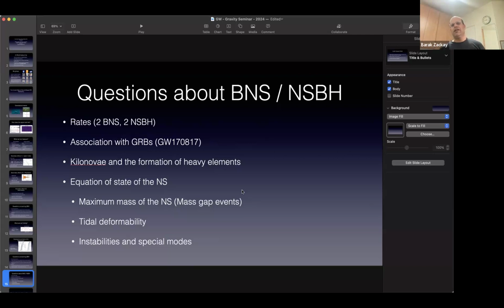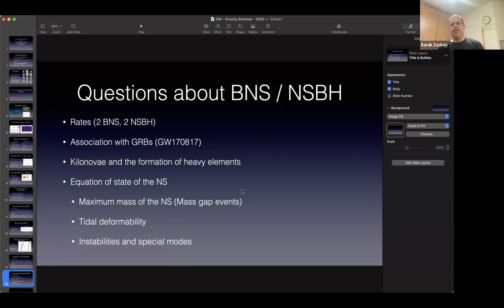I mean, there was a long-standing expectation from both Tzvi Piran and his friends, and maybe even other groups, that there would be an association between a GRB, a short GRB, and a gravitational wave merger.